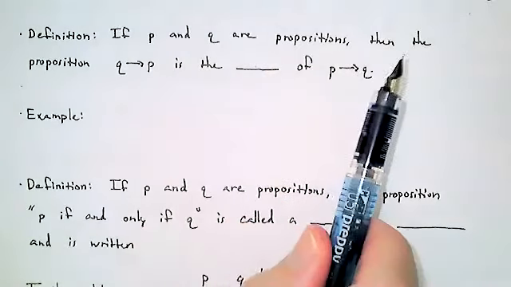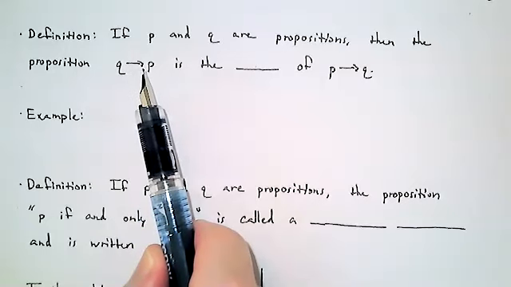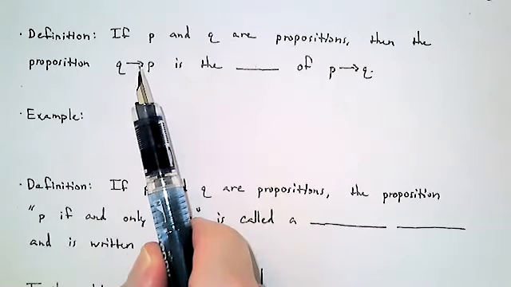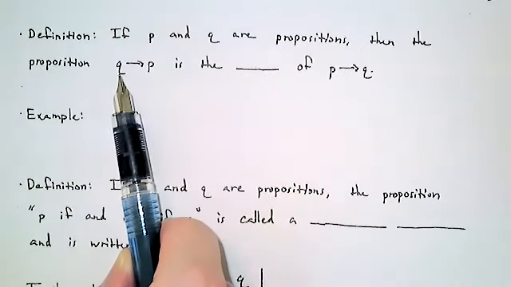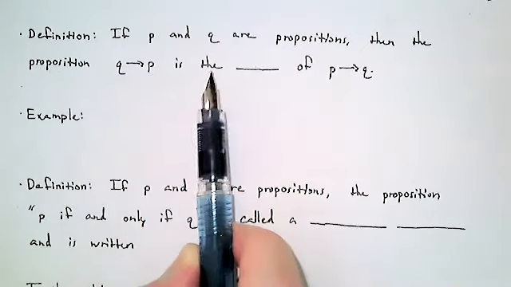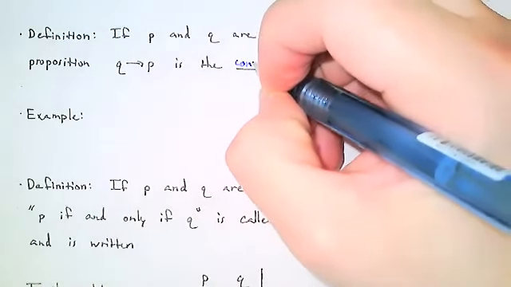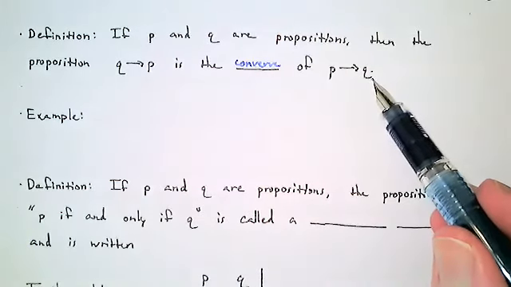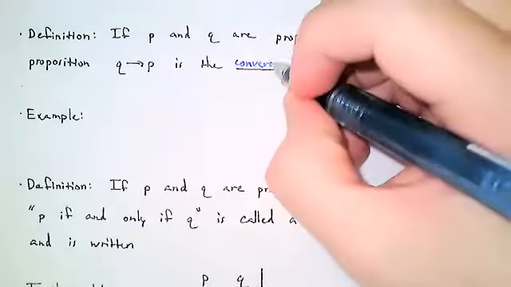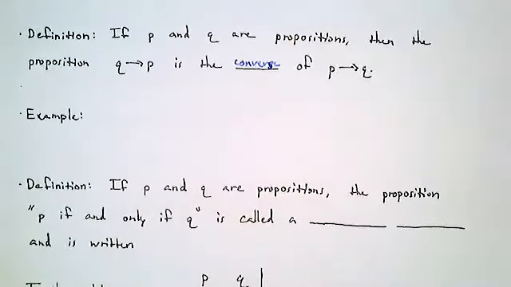If P and Q are propositions, then the proposition if Q, then P is called the converse of if P, then Q. So converse means you're switching the order or direction.